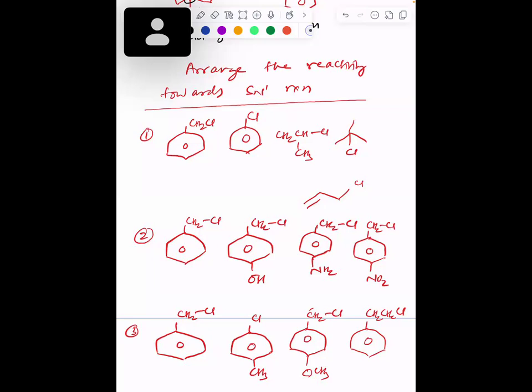Last 2 minutes. Simple, look, it is the reactivity or stability of the carbon atom.